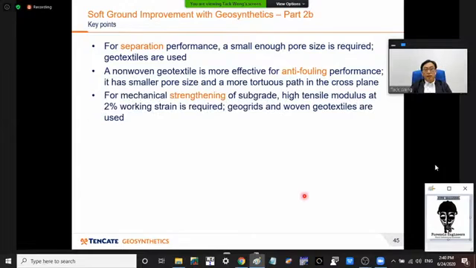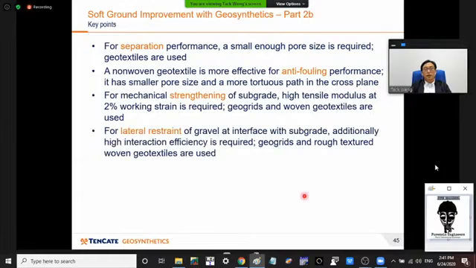And I mentioned just now, for strengthening of subgrade, it is the high tensile modulus at 2% strain that is governing. And both geogrids and woven geotextiles are used for this purpose. For lateral restraint of gravel at the interface with subgrade, additionally, high interaction efficiency is required, and the geogrids with the rough textured woven geotextiles are used.